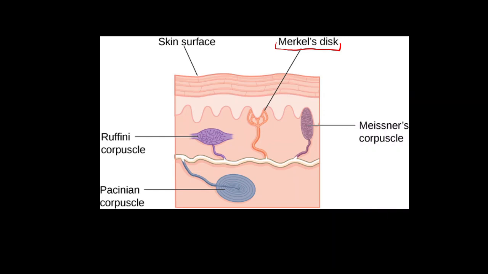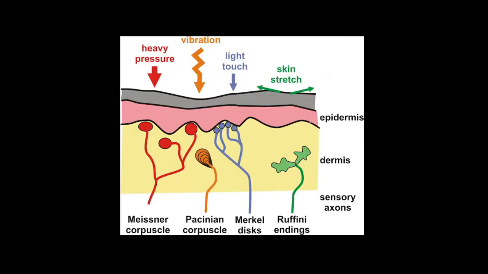And they have afferent sensory endings very close to Merkel's cells, and that's why this is called Merkel's disc. So they also are important for the pressure sensation. For example, Ruffini endings are for skin stretching and also heat more. The light touch sensation is going through the Merkel's disc.